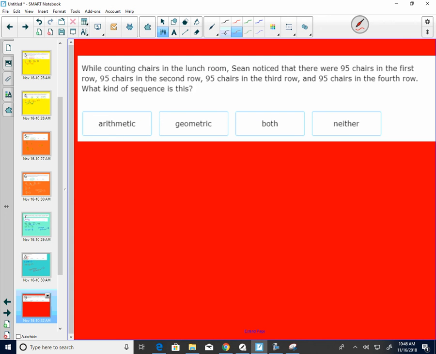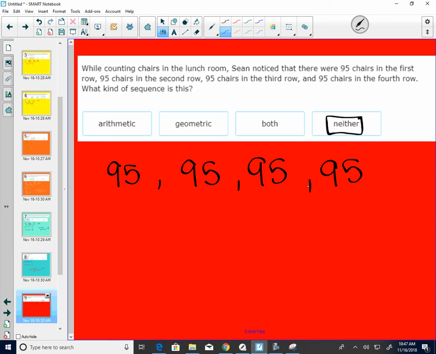While counting chairs in the lunchroom, Sean noticed 95 chairs in the first row, 95 chairs in the second row, 95 in the third row, and 95 in the fourth row. People's first instinct is to say that this is neither because it's the same number repeating over and over again.